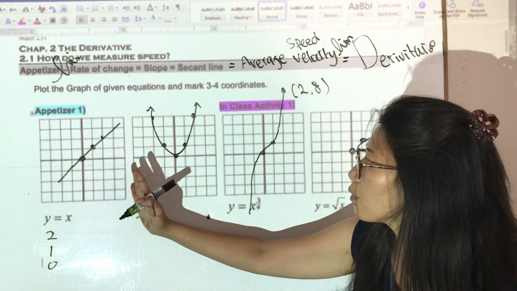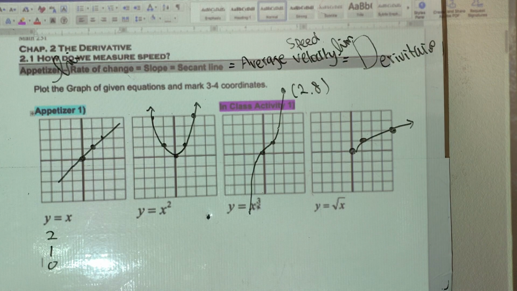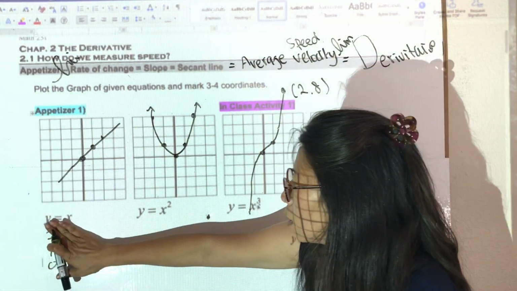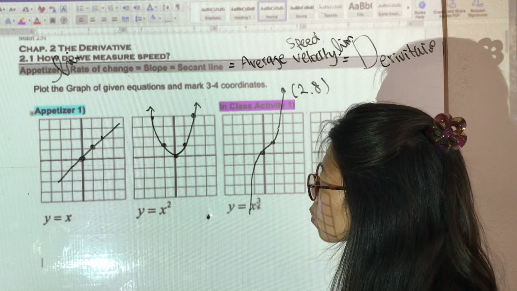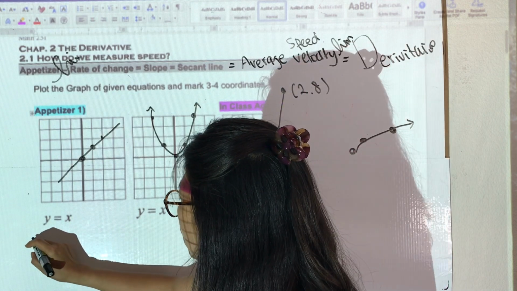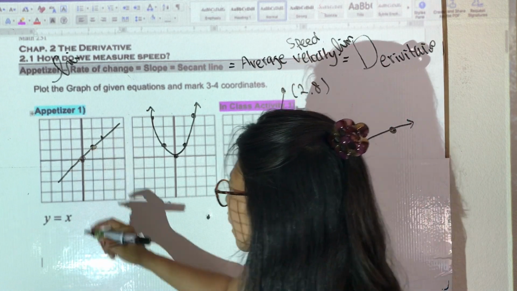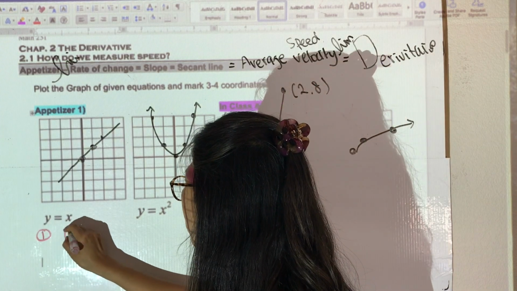Then with this graph, we are going to answer the next discussion question. So first, what is the slope between 0 and 1? What is the slope between 0 and 1? So when you look at here, 0 and 1, I see that my slope is 1. First answer, that means 1.